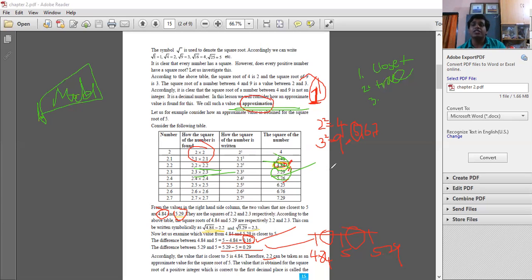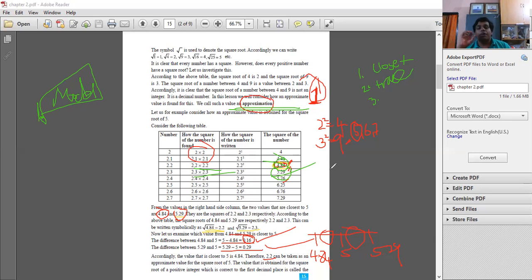Now we are finding which is closest to 5. How to find the closest is to subtract and find the differences. 5 minus 4.84 will give you 0.16, and that is the smallest difference. So hence, it will be the closest.